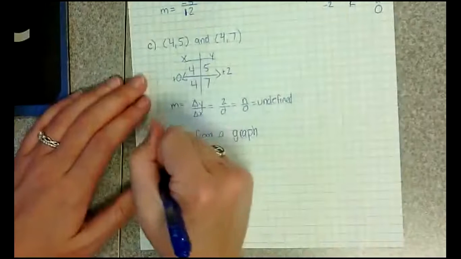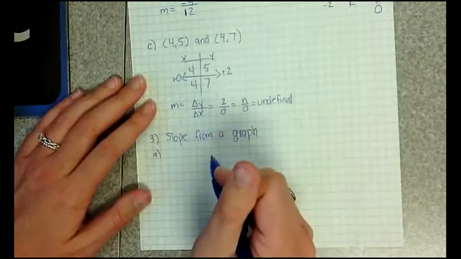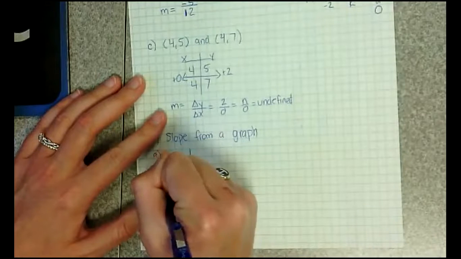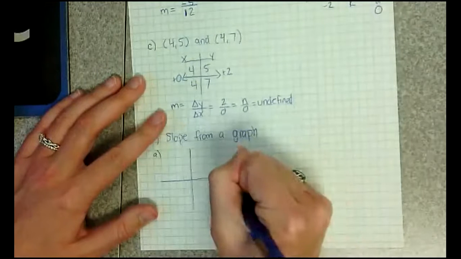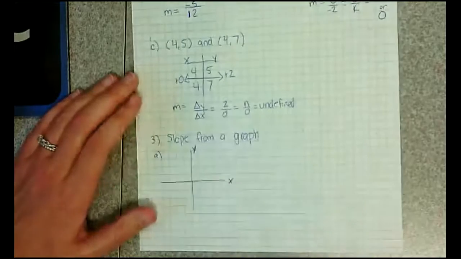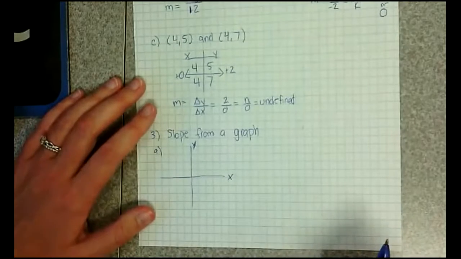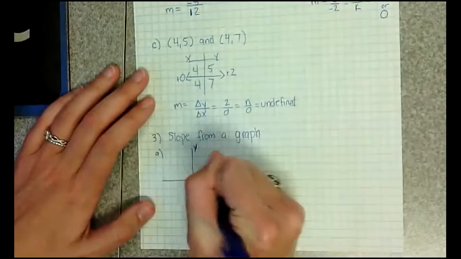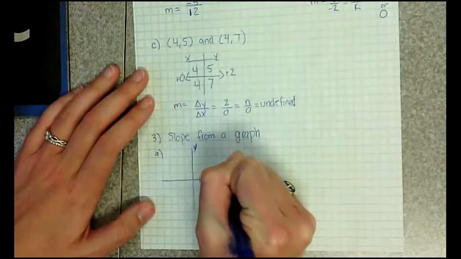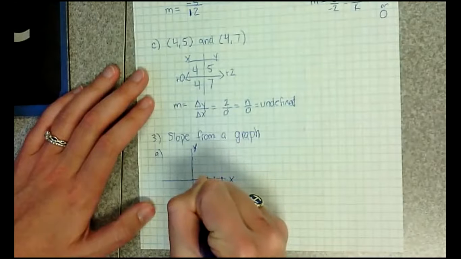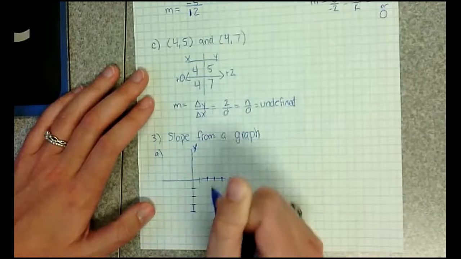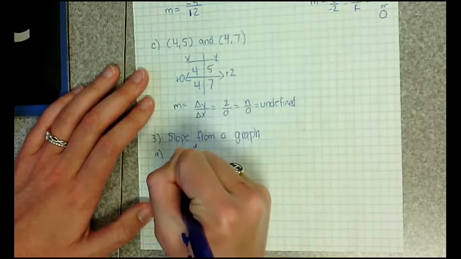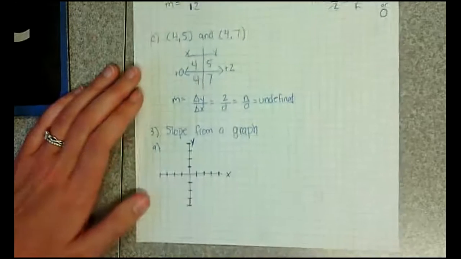And so for the first graph, just try to draw the best that you can. So here's the x-axis, here's the y-axis. I'm going to go 1, 2, 3, 4 hash marks on each part of the graph. Just try to keep them evenly spaced out the best that you can in your notebook.